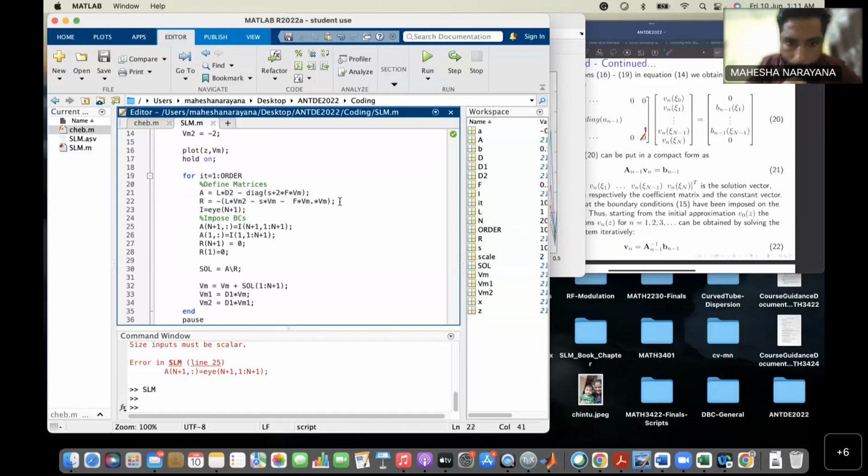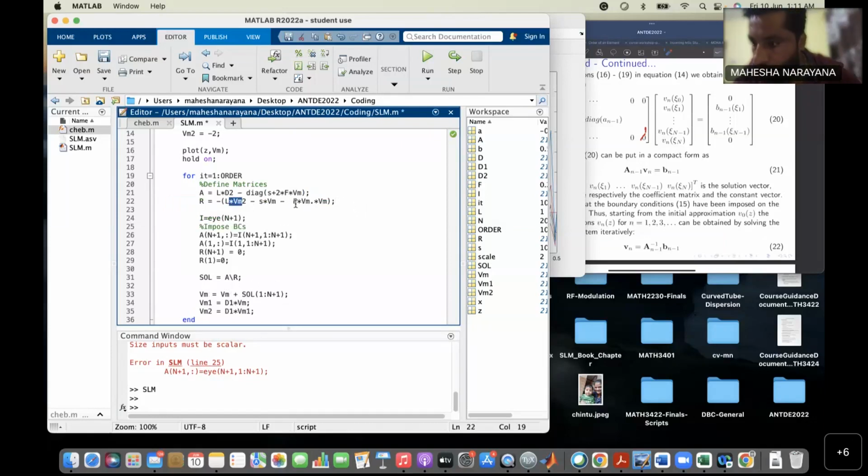So it's minus L into VM2 minus VM, and then minus F into VM square, plus 1, I suppose I missed out.